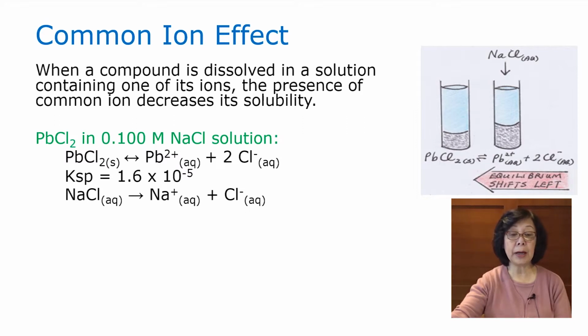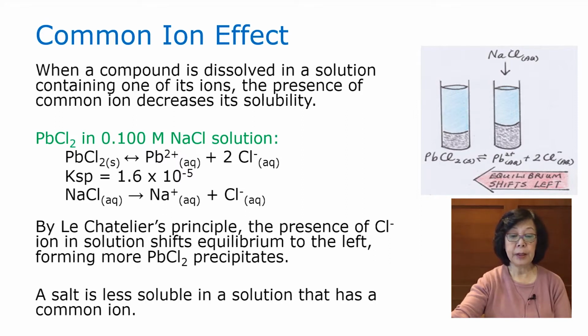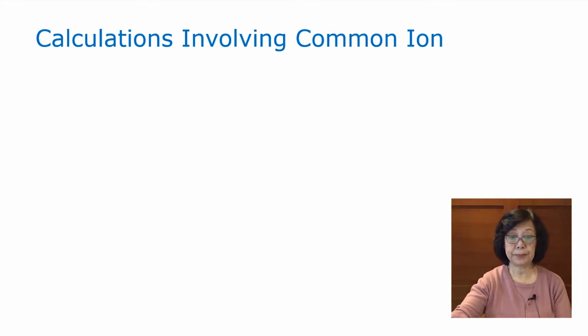Sodium and chloride ions will dissociate. By Le Chatelier's principle, the presence of chloride ion in the solution will shift the equilibrium to the left. That means forming more lead chloride precipitate. That means a salt becomes less soluble in a solution that has a common ion.